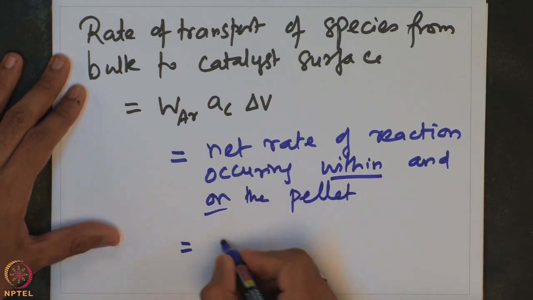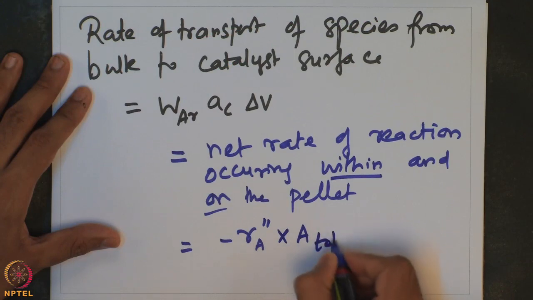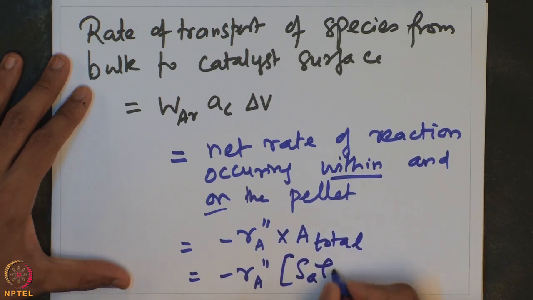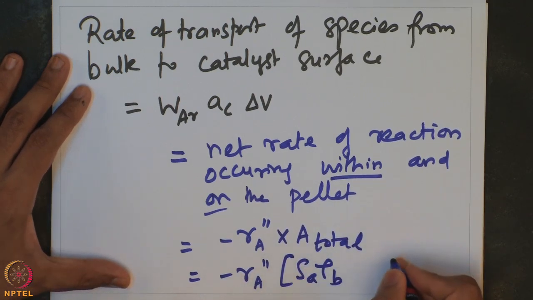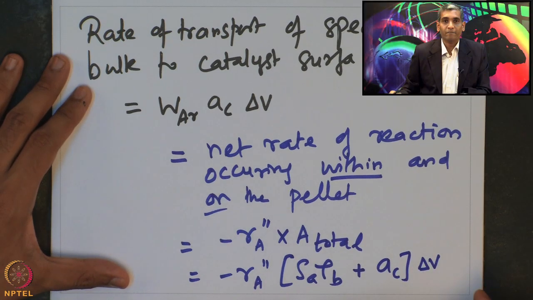We also observed that this should be equal to minus RA double prime, which is the rate defined per unit area of the surface which is available for reaction, multiplied by the total area. That is equal to minus RA double prime into SA into rho B, which is the area corresponding to the available surface inside the catalyst pellet, plus the external surface area, into delta V, which is the volume of the reactor.